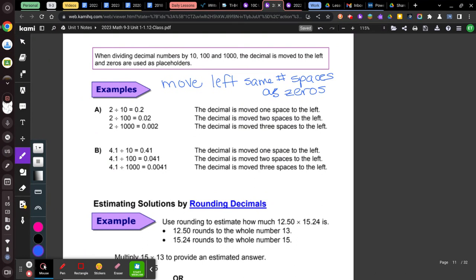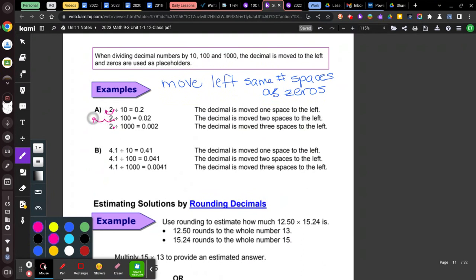Okay, so if I'm dividing, and again, if you don't know where your decimal is, your decimal is always hiding on the right. If you don't see it, it's hiding on the right. So all of these have decimals that are hiding on the right. Our first number, the number 2, has a decimal hiding on the right. 1 zero, I'm going to move the decimal back once. 2 zeros, I'm going to move the decimal back twice.